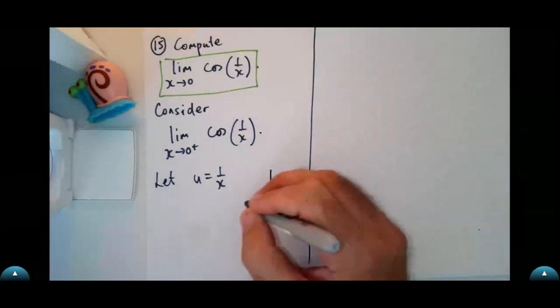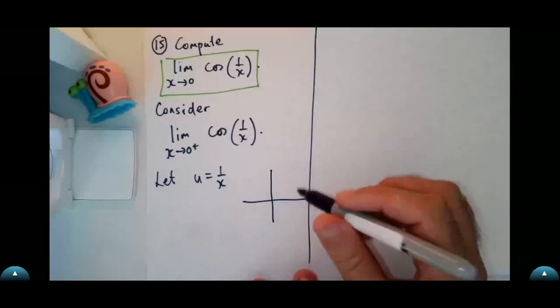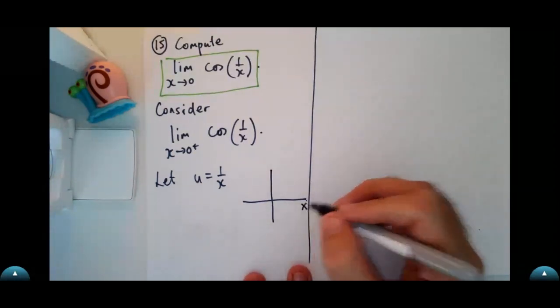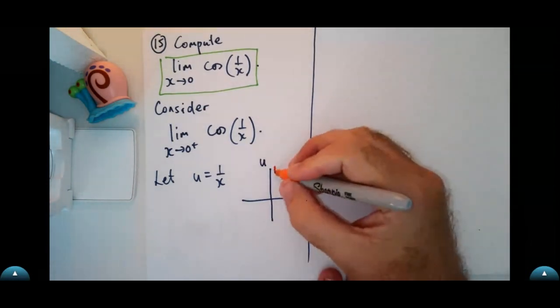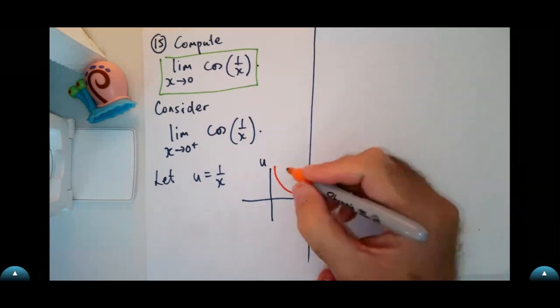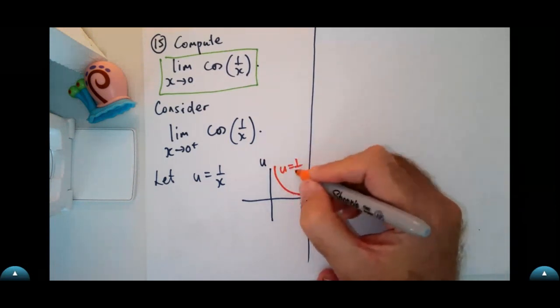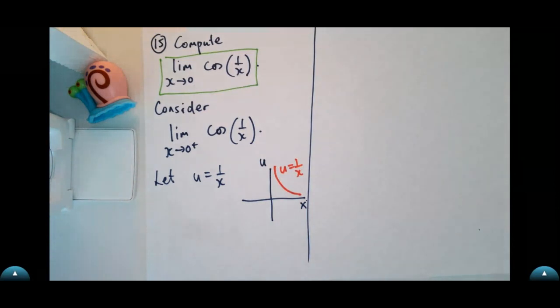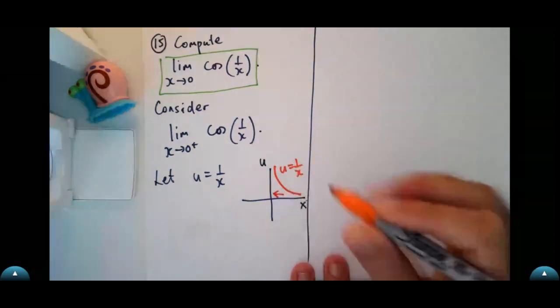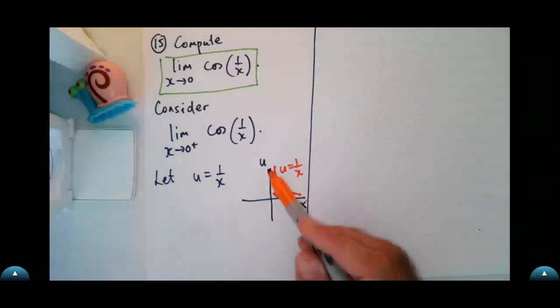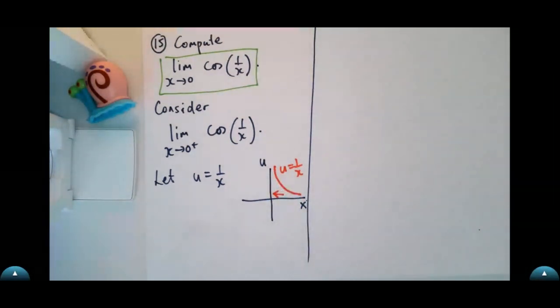So if I have, say, a graph like this, and I put in, oh, let's use orange. Okay, this is like u equals 1 on x.